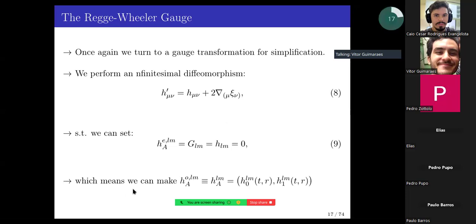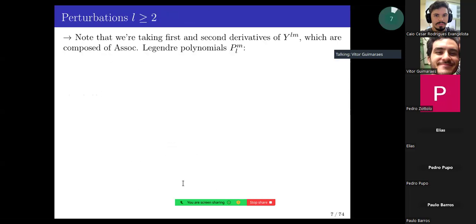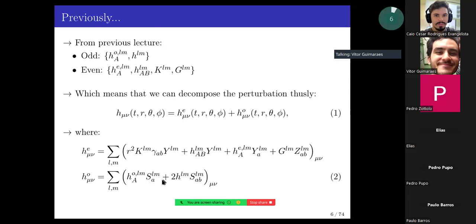So you see that this function had two parts, right? They had an even part and an odd part, remember? So here is this vector function, a vector with respect to t and r, but a scalar with respect to theta and phi. So it has two versions, an odd version and an even version.